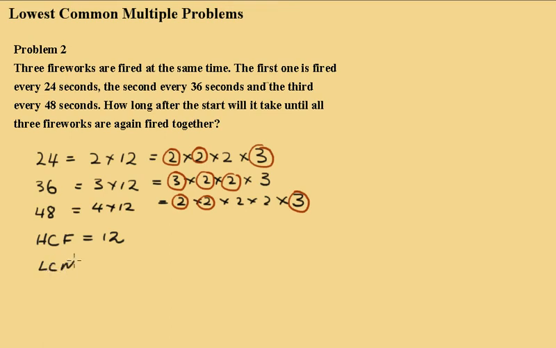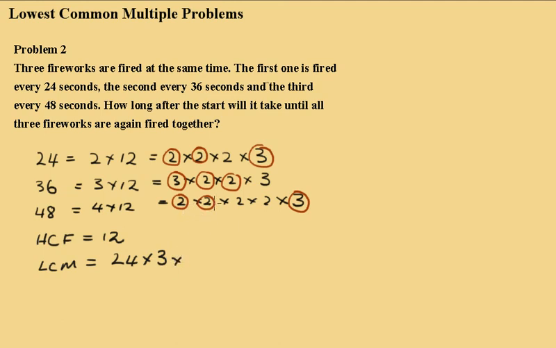Now the lowest common multiple, I have to be a bit careful with this one. The lowest common multiple is, now we start with the 24 times, and we move on to the 36, and we notice that because we've got all these included here, there's the 3, the 2, and the 2, the 3, the 2, and the 2, but that one's not included, so we have to include that one. And we move on to this one here.